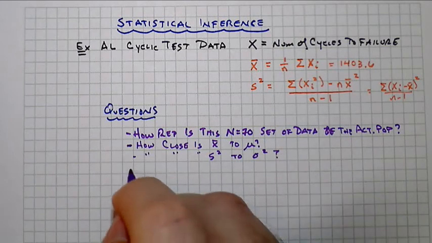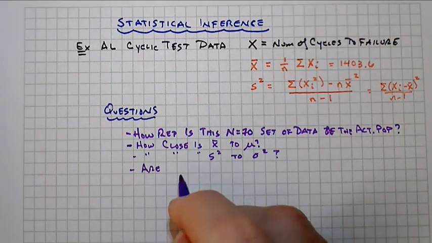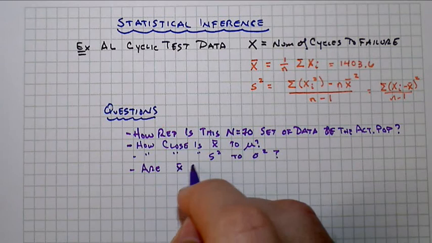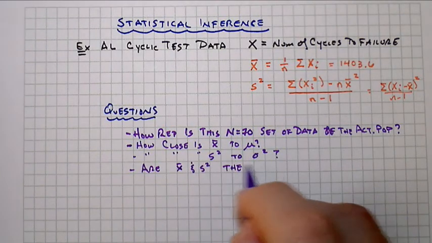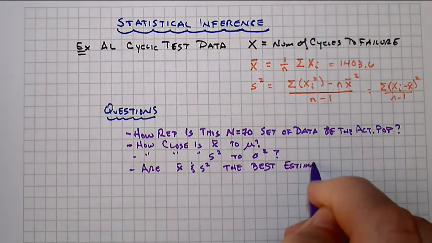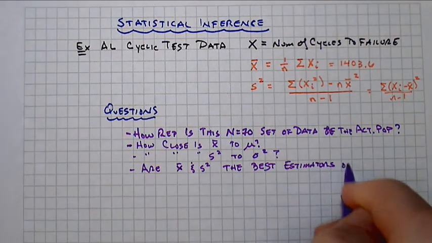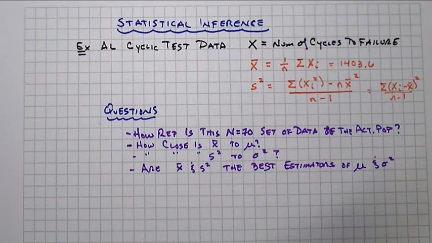Or ancillary kinds of questions: are sample mean and sample variance the best estimators of the true mean and the true variance? It seems natural to use those, but are they the best? Are there others out there that might be more effective?